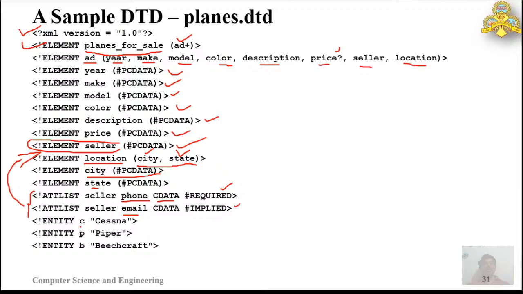And I am specifying C as an entity, which is shorthand for Cessna, P for Piper, and B for Beechcraft. So this is one example of a sample DTD, that is planes.dtd, and we can use it in our XML file. That means I am specifying the tags that can be created in our XML file.